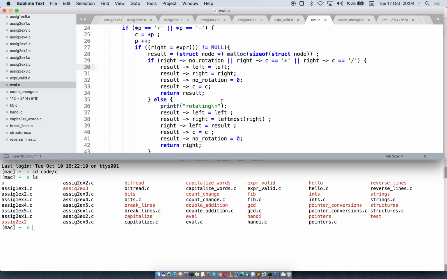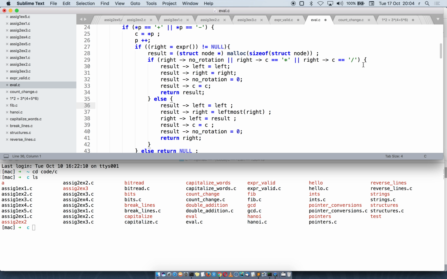All right. So I'm going to add another guard here. We're going to do the following.